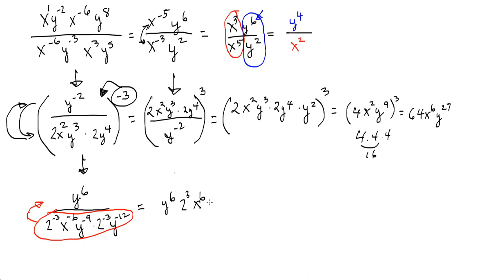All I'm doing is making a positive, a y to the 9th, another 2 to the 3rd, and a y to the 12th. What's 2 to the 3rd? 2 times 2 times 2 is 8. It's not 6. So 8 times 8 is 64. x to the 6th, that's our only x term. And y to the 6th plus 9 is 15, plus 12 is 27. And lo and behold, we got the same answer.